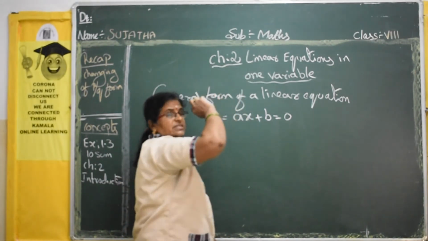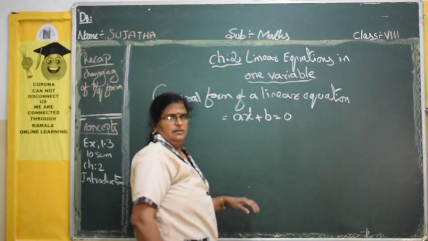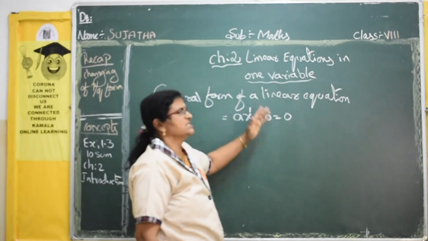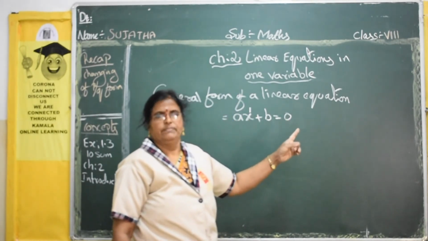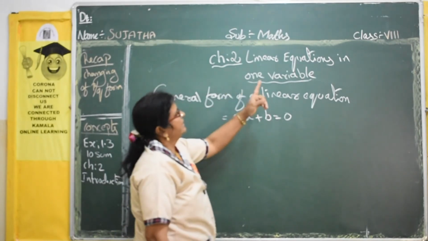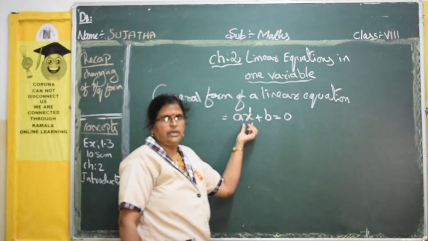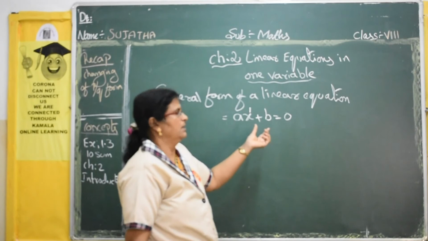Then how can you say that it is a linear equation? If the power is 1, if the exponent or index is 1, you can say that it is a linear equation. Understood? So in a linear equation in one variable, we have to take only one variable. This is called a linear equation in one variable.